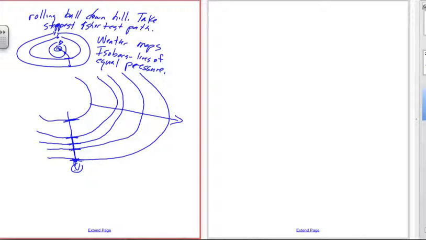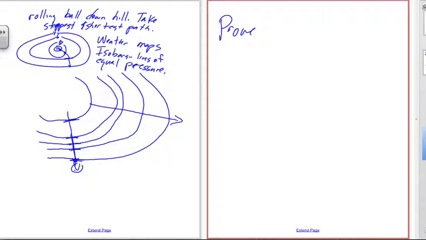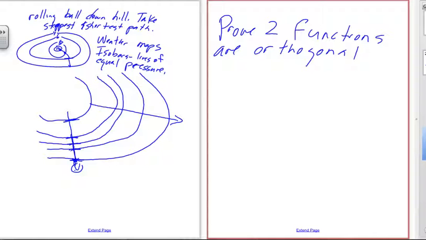And so what you're doing is, to prove two functions are orthogonal, find the derivatives.